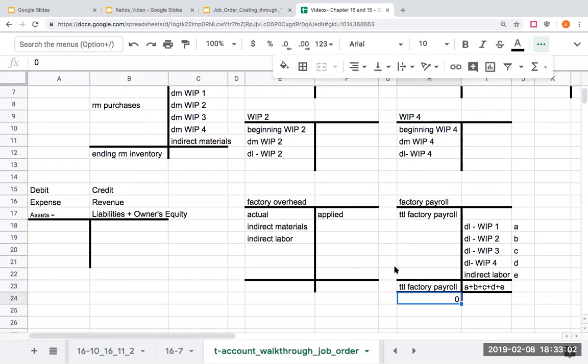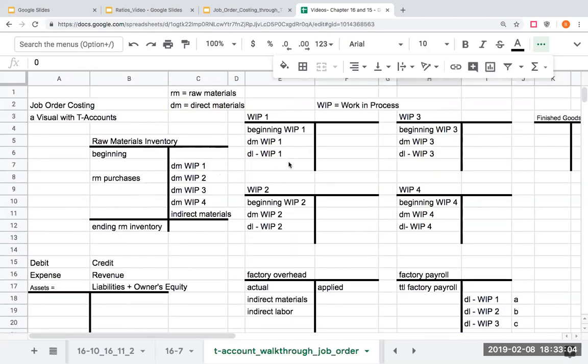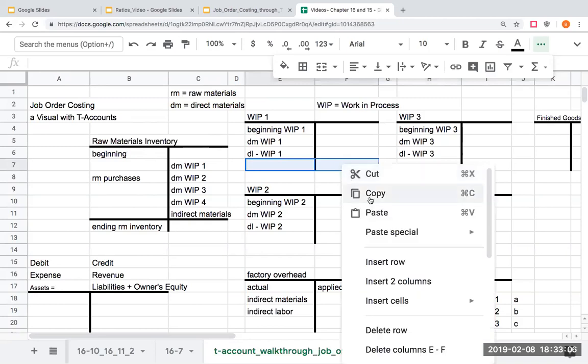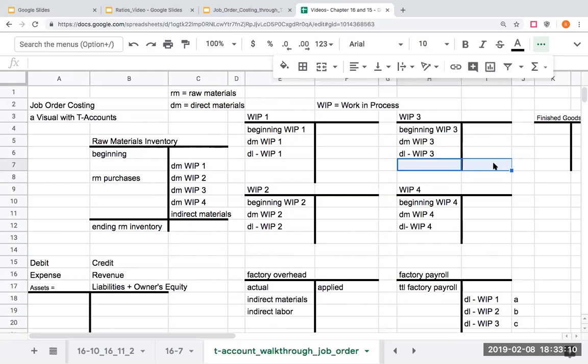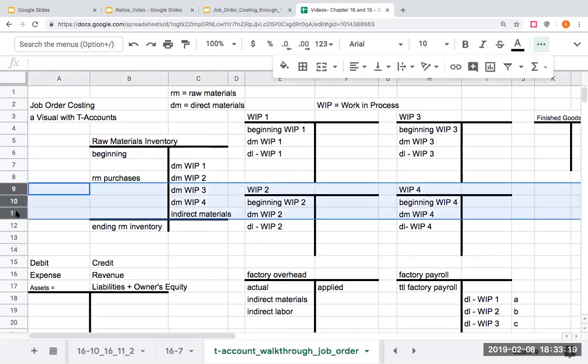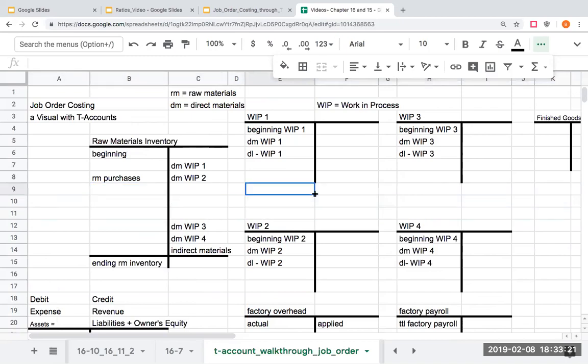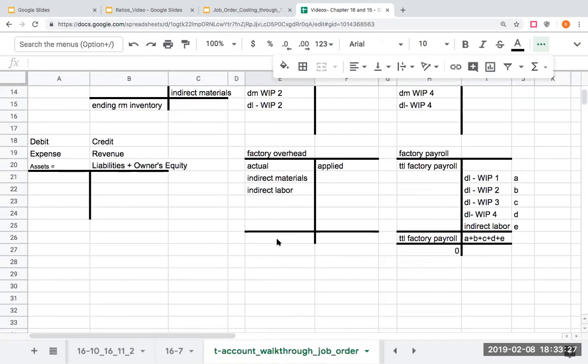Okay, so now let's go back up here. And the next thing we need to do is the last element over here, which is going to be factory overhead. Now, as I've said in prior videos when I've been discussing job order costing, oftentimes I'm not going to know what this actual factory overhead is until later in the year.